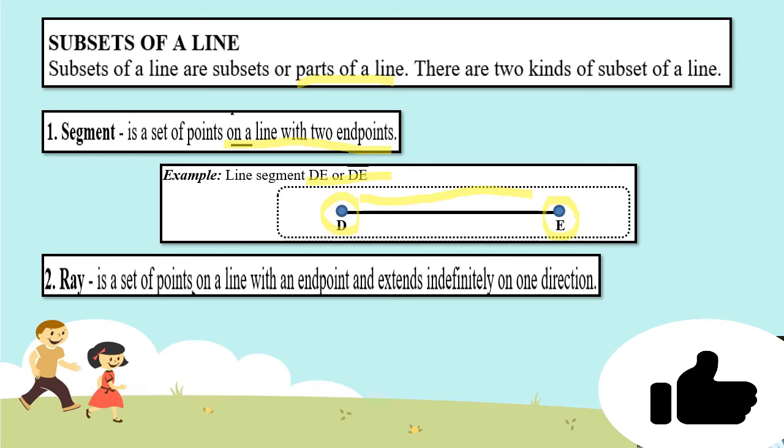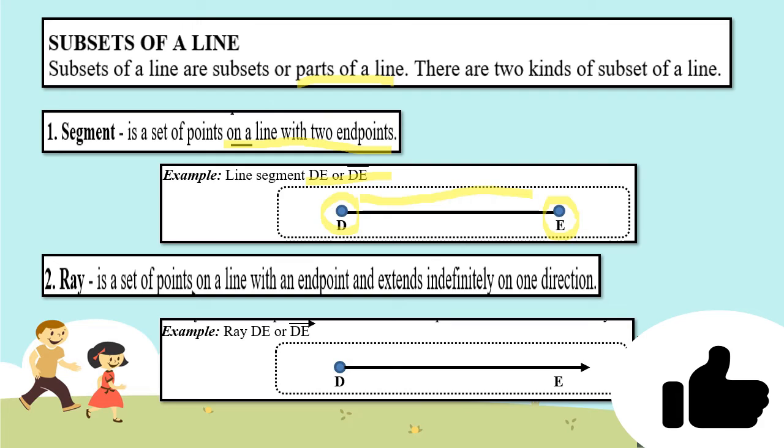Another type of subset, that will be ray. When we say ray, it's a set of points on a line with one endpoint and extends indefinitely in one direction. Let's have an example. As you can see in the figure, from point D going to point E, but it extends indefinitely in one direction.